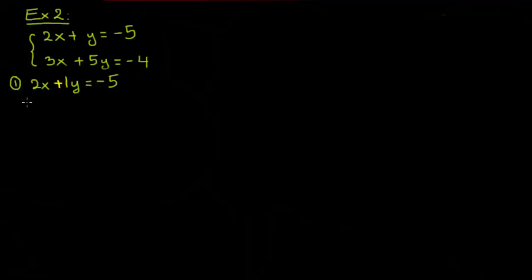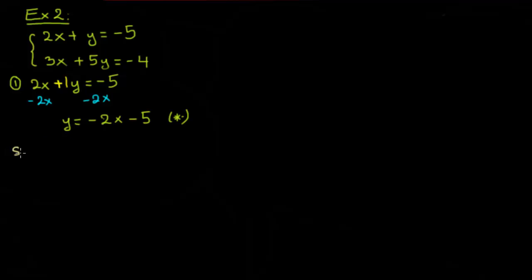Since we solve for y, I'm going to isolate the y by subtracting 2x on both sides. So we have y equals -2x minus 5. I name this equation the star equation. We're going to go back to that equation later on when we get the first unknown.